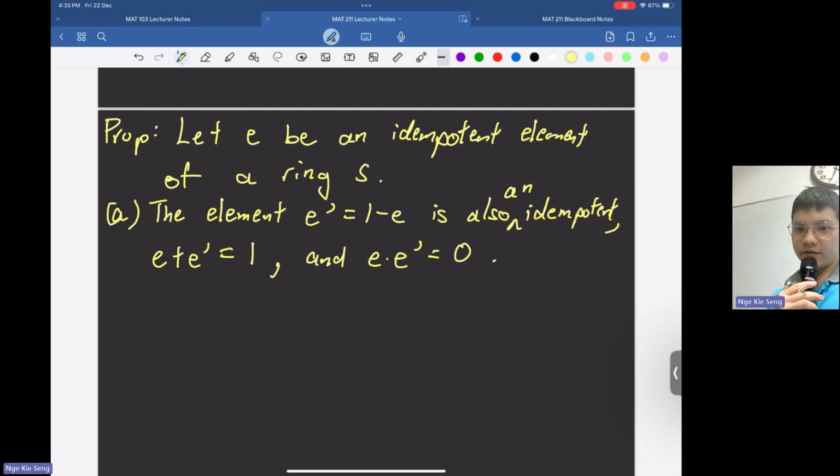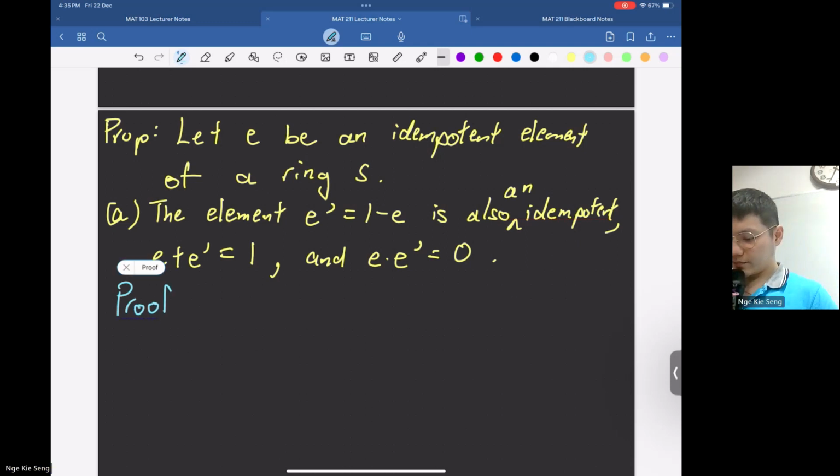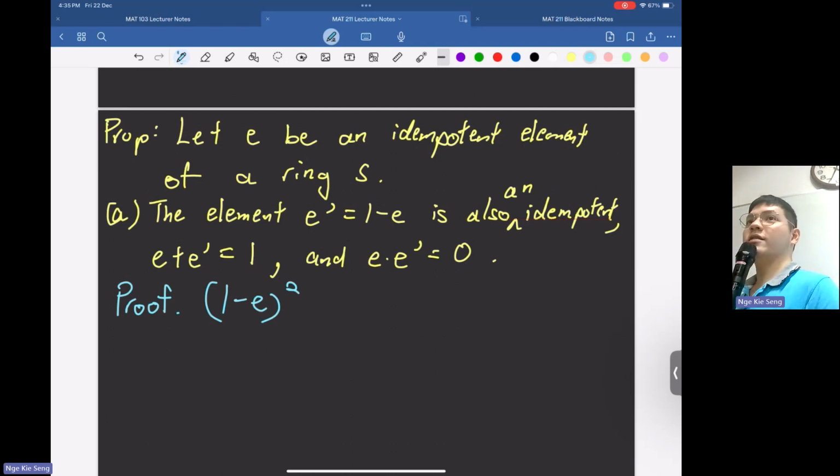Should we prove this first, or should we go on? Let's prove this first, and then we go to the next statement. So is it easy to see why 1 minus E squared is 1 minus E? Can you compute it?